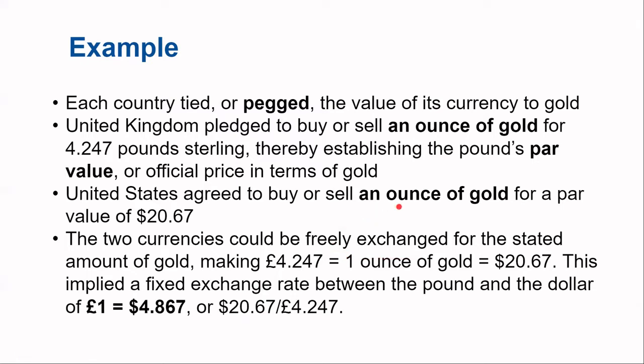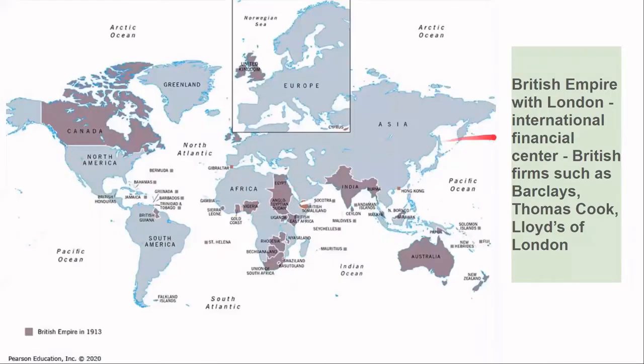The British pound was accepted, but it was pegged to gold with a fixed exchange rate. Why? Because the British colonized, they were the superpower. Even Malaysia was colonized by the British, as were India, Egypt, and so on.